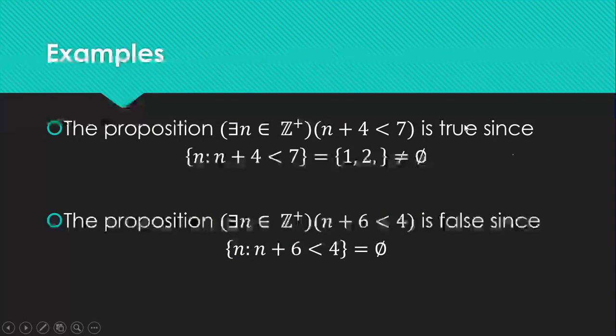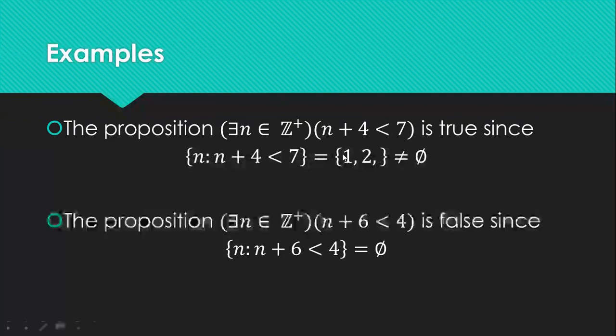We need to find a positive integer that will make the given propositional function true. What positive numbers do we need to substitute to make the statement true? We have 1 and 2.